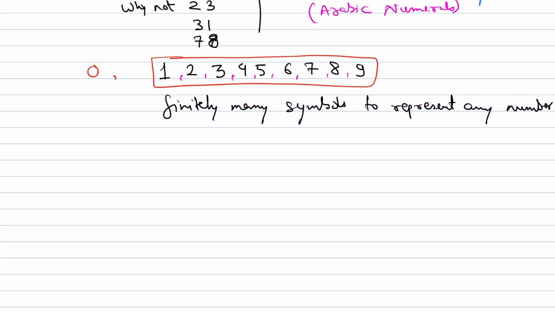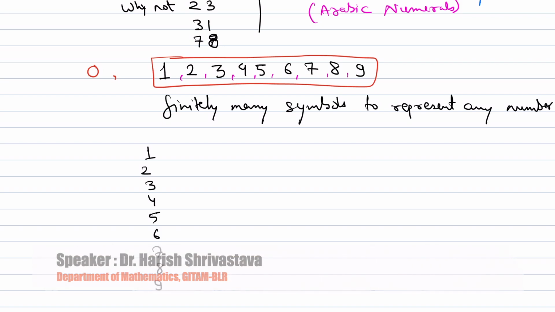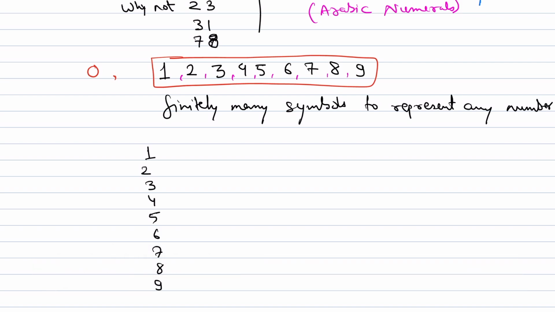So let's say I start counting: 1, 2, 3, 4, 5, 6, 7, 8, 9, and no, what to do now? I don't know what to do because I have run out of digits. I have been given only 9 symbols to count, and with only these 9 symbols I cannot count beyond the number 9. So what to do?